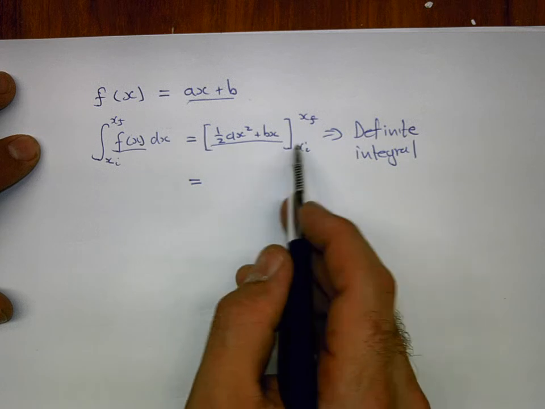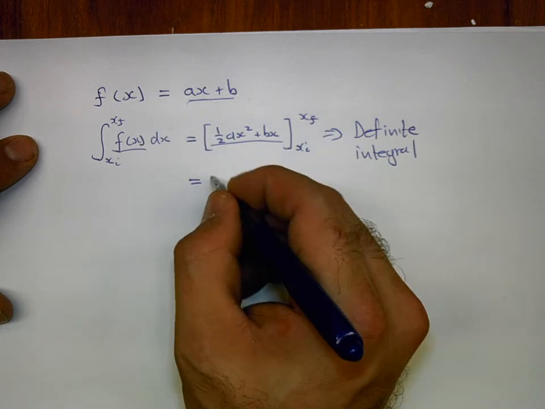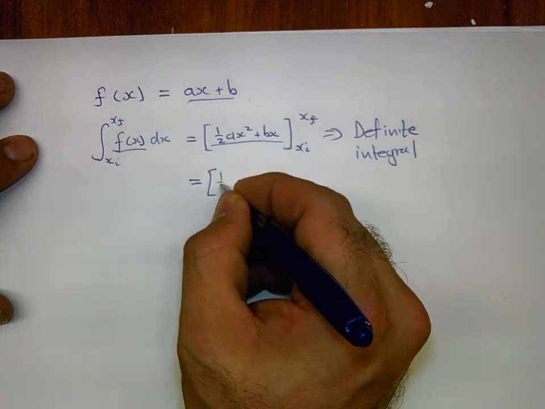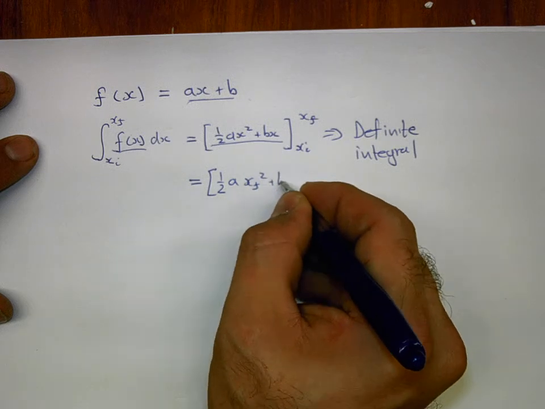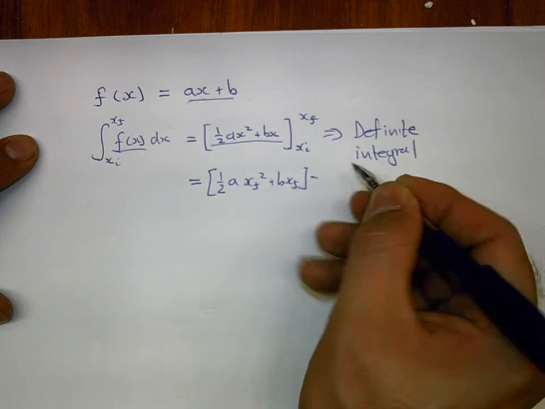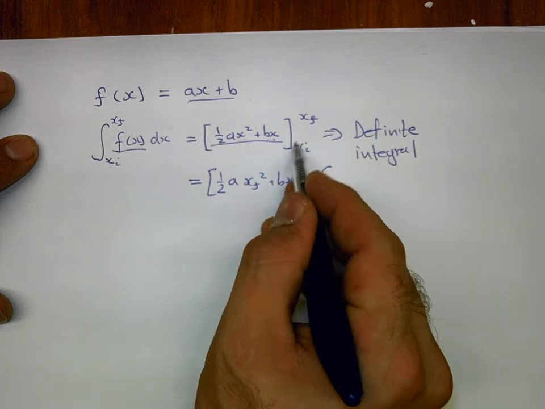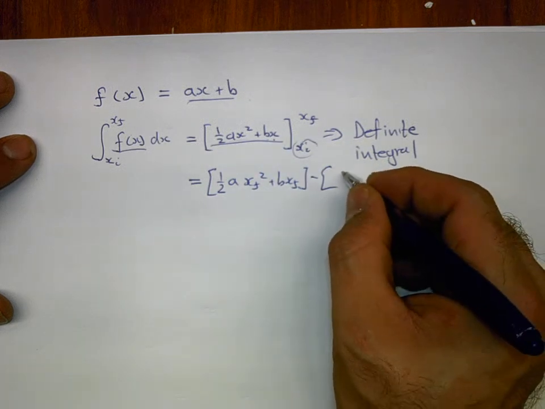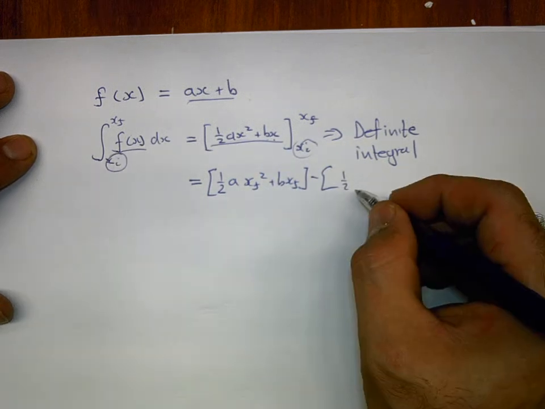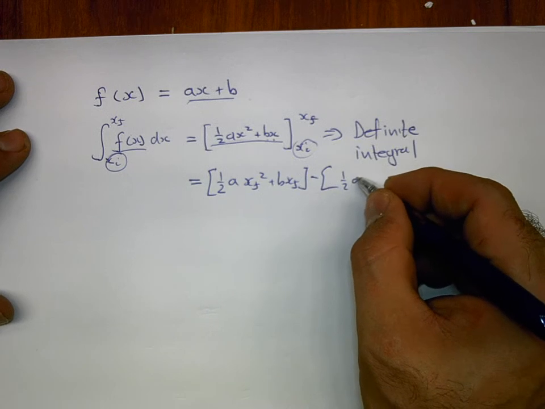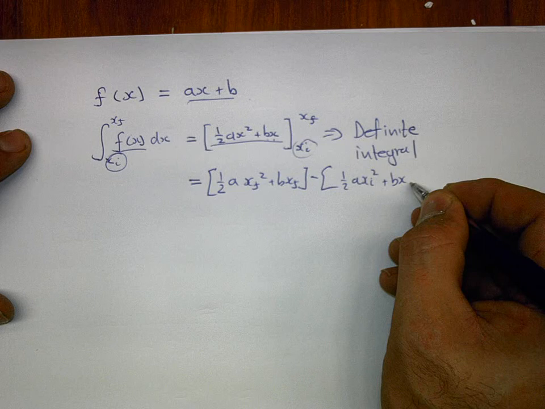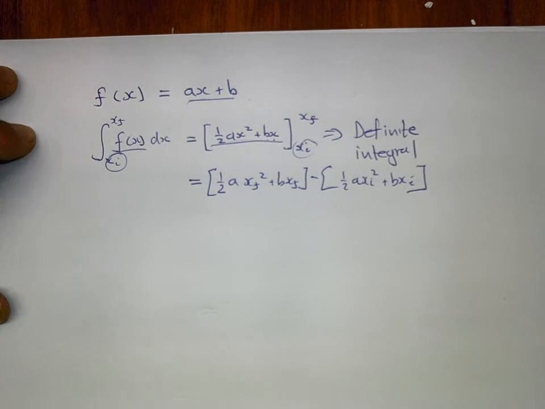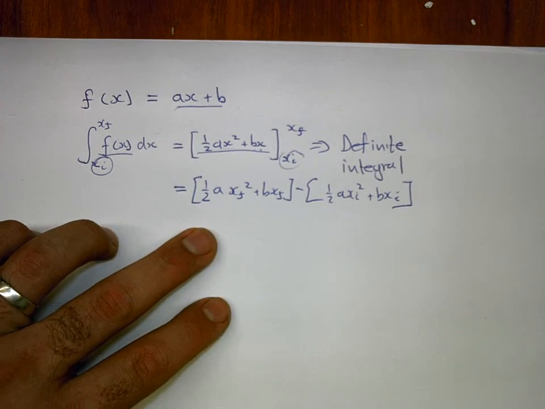But if you see something like this, it basically means you substitute in x final, and you subtract from that exactly the same expression, but now with x initial substituted in, or whatever this lower limit was. Okay, so this is how you calculate a definite integral.